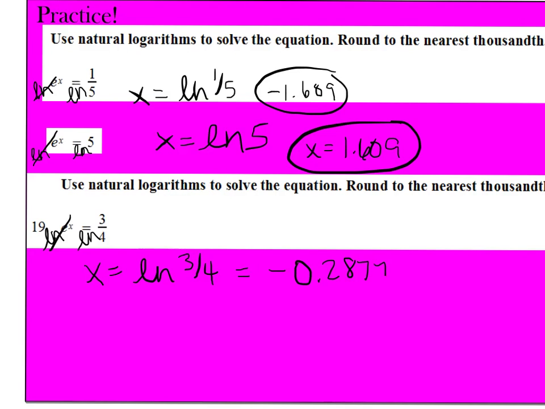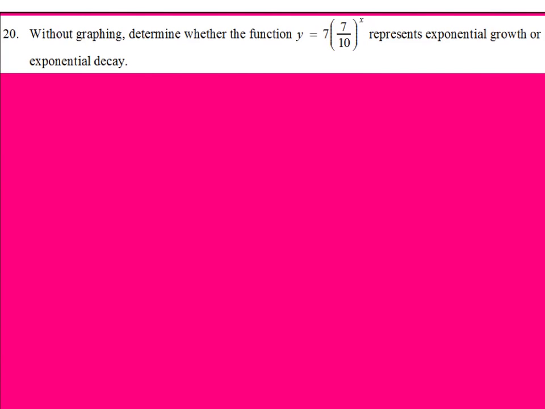All right, this last problem says, without graphing, determine whether the function represents exponential growth or exponential decay. Okay, so let's go over the rules. In exponential growth and exponential decay, the way we determine that is by looking at the base. I do not care about anything else, just this value that my exponent is on.